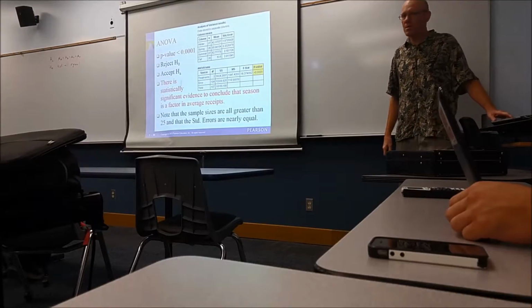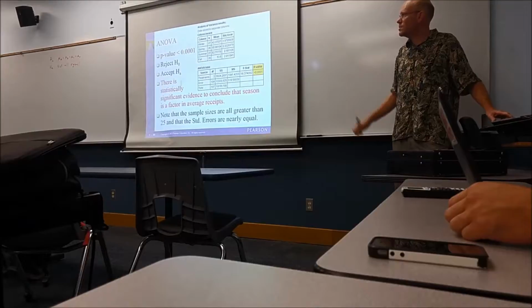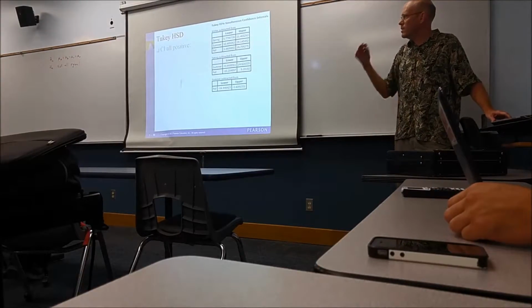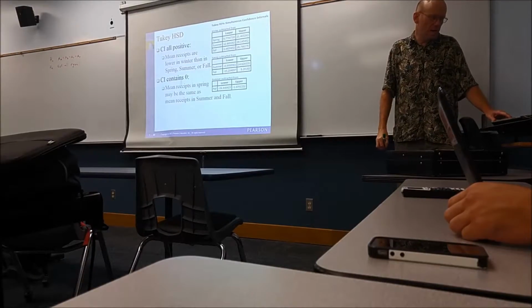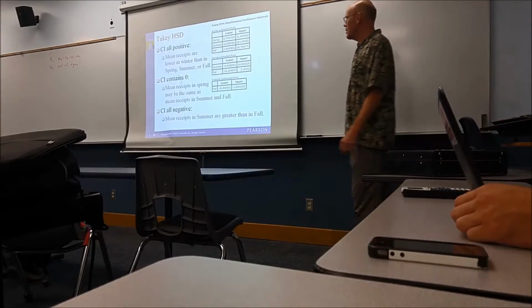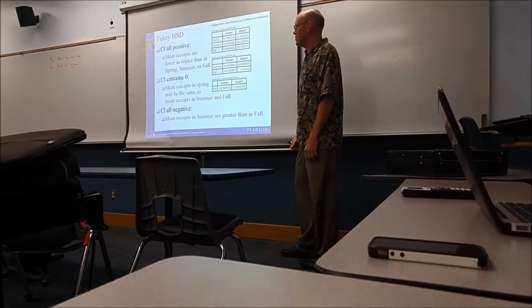So because we rejected the null hypothesis with a small p-value, we can proceed with the Tukey. Basically you just check a box when you do the ANOVA. I'll show you how to do that on StatCrunch in a little while. But here I'm just going to focus on interpreting the results.